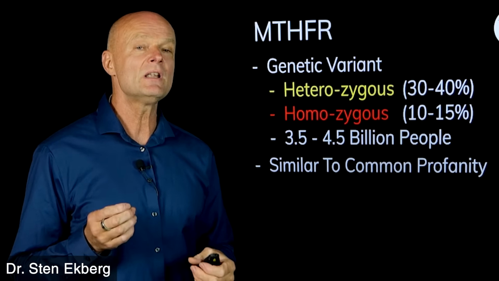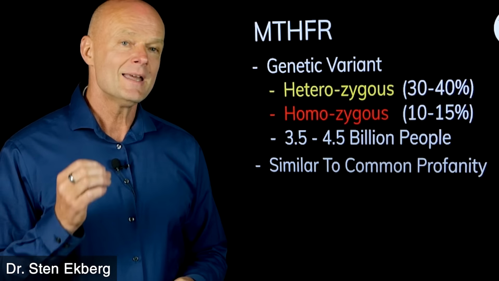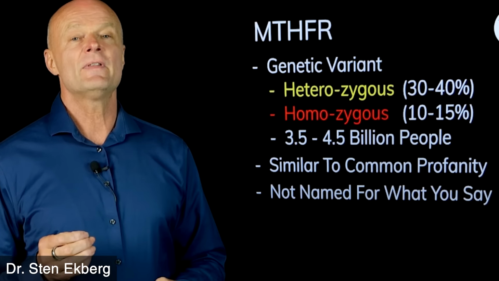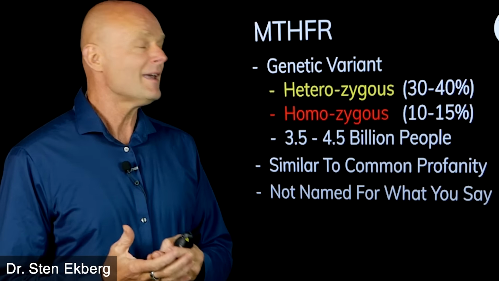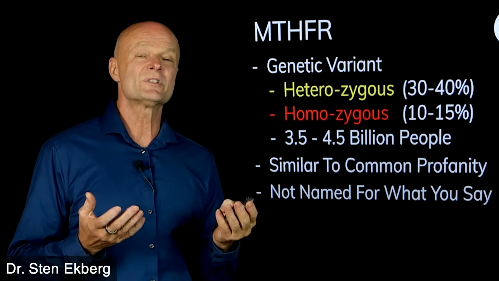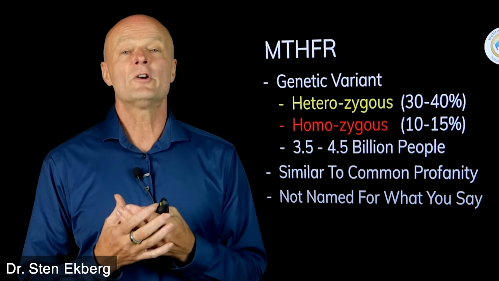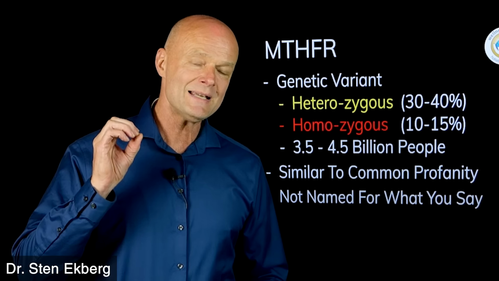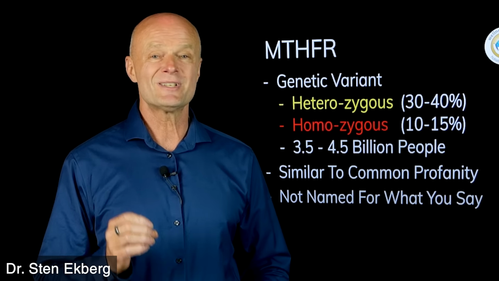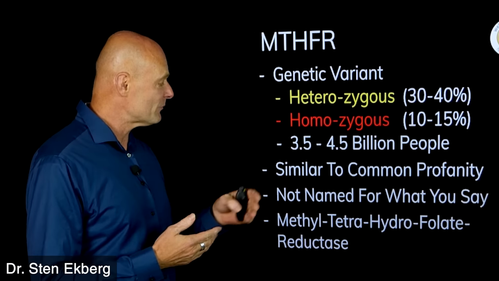And one easy way to remember MTHFR is that if you sound it out, you're going to notice that it sounds a lot like a very common profanity. It's not named after that profanity, even though if you have an MTHFR test or a homocysteine test and you get back results that are not what you wanted, you might be tempted to call out this particular profanity. But it isn't actually named for that.